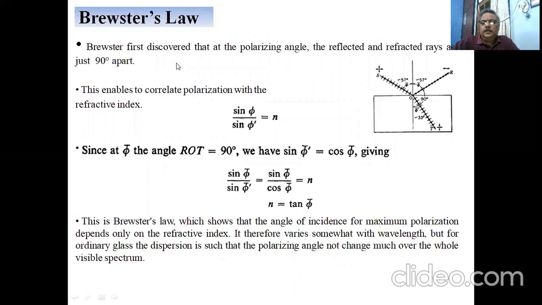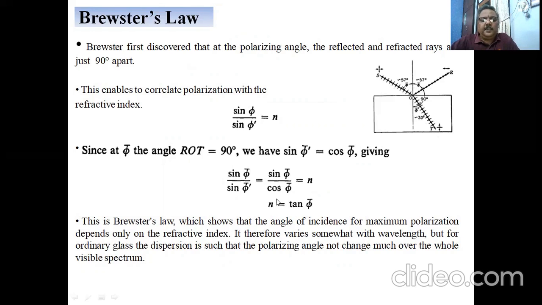The polarization by reflection, as we said, if the light is reflected at a certain angle, that is called the Brewster's angle, the reflected beam is polarized. So this is the Brewster's law.